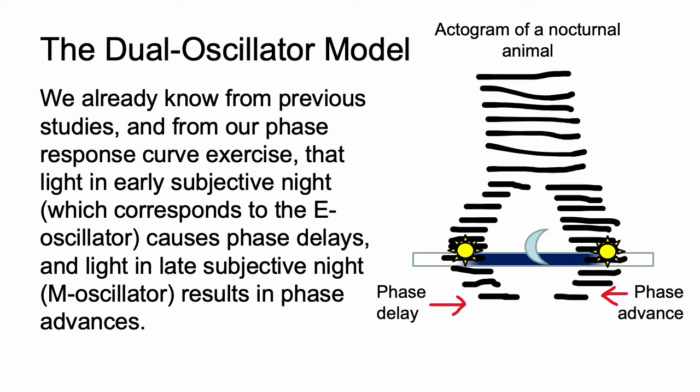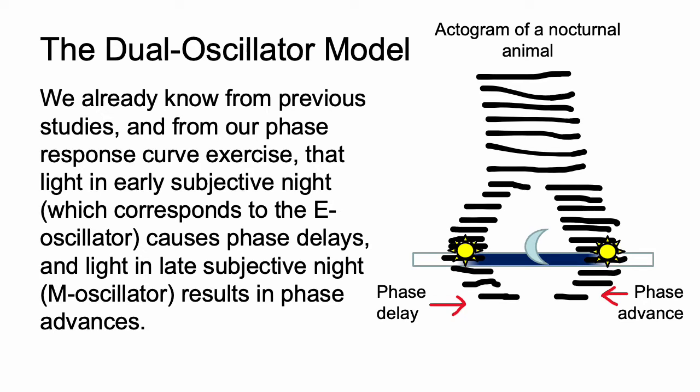And light in late subjective night, or you could also say early subjective morning, right before the sun would be coming up, which corresponds to the M oscillator, results in phase advances, moving the rhythm earlier.